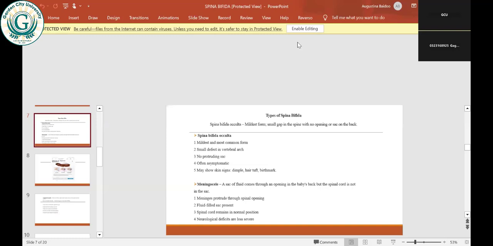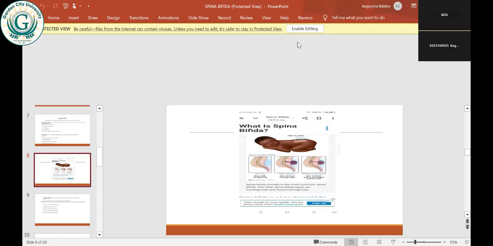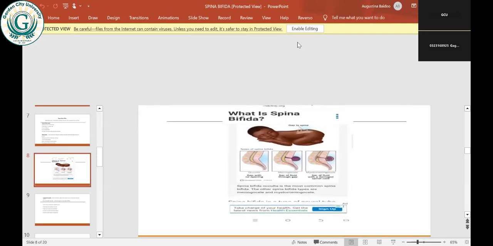So with spina bifida meningocele, you will see a fluid-filled sac at the back of the baby. But it does not involve the spinal cord. So that is about the meningocele.